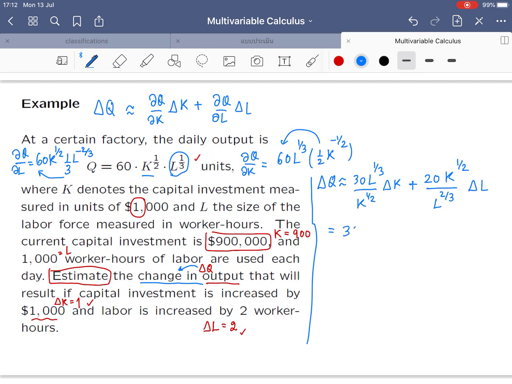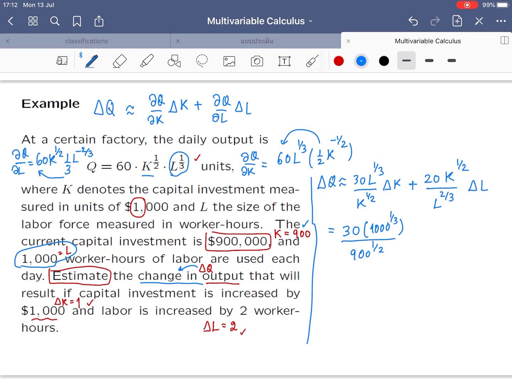So now what's your L at this moment? The L is the one that you have at this moment. Your L at this moment is 1,000, so this one is 1,000 raised to the power 1/3, and then your K is 900 raised to the power 1/2, and then your delta K is a small increment that you want to increase.